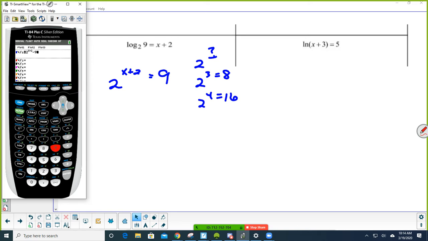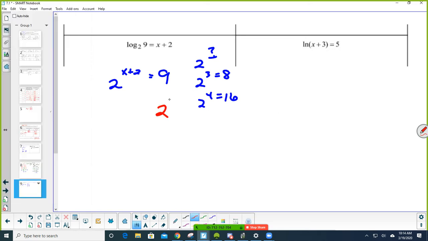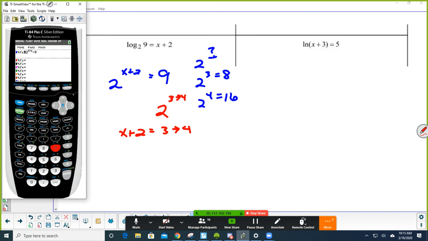Because what this is telling me is that 2 to somewhere between 3 and 4 is my answer. So what the calculator is going to be doing is taking that, and whatever this answer is, it's going to subtract 2 from it. So if I look at my calculator, I'm just going to hit zoom 6. That's how I always start if I don't really know where to start.